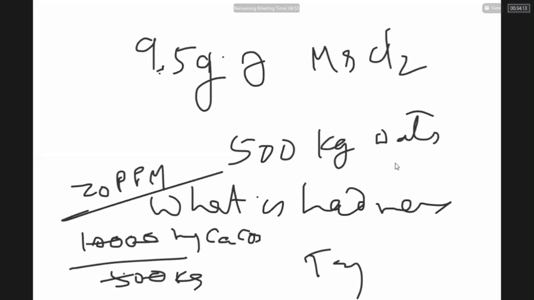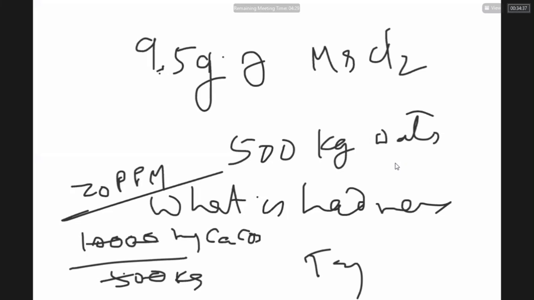Okay, sir. One can do the reverse problem also. If in 500 kg of water the hardness is 20 ppm, and if the hardness is caused by MgCl2, how much MgCl2 is present? That is the reverse problem. Reverse problem is first you find out the weight of CaCO3.